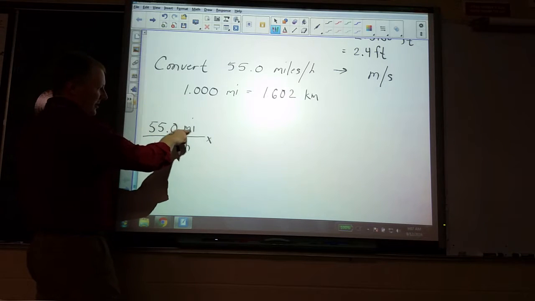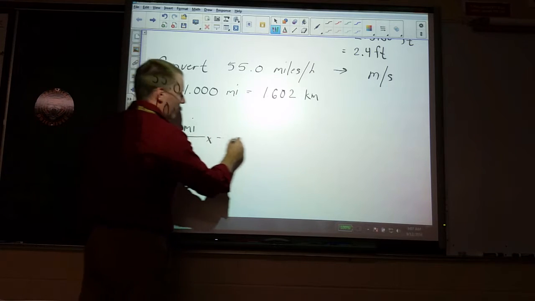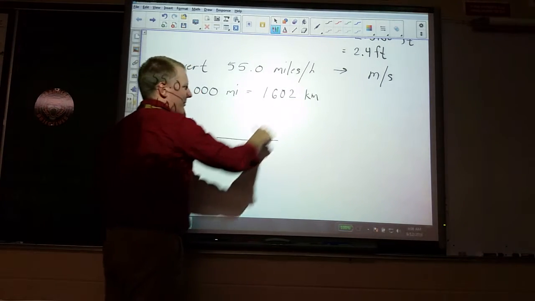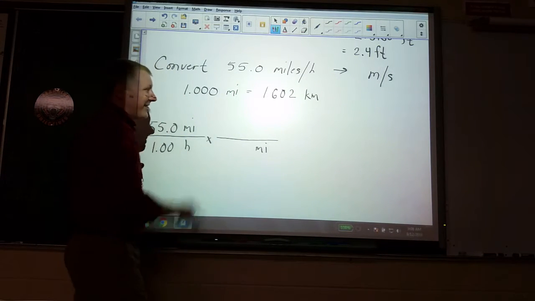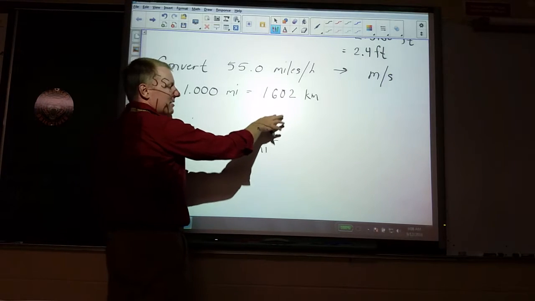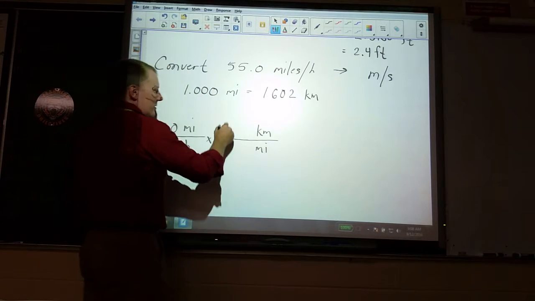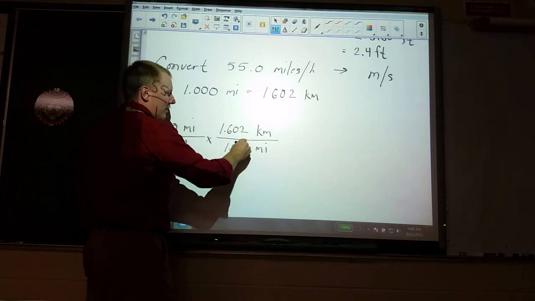Let's start on the top. We'll convert both of those individually, but let's start on the top. I want to go from miles into meters. I'm going to have to go through kilometers to do that. But I know miles needs to go on the bottom. I don't know how many miles per meter, so let's get it into kilometers because I know I'll be able to work that out. So it's 1.609 kilometers is equal to 1 mile.